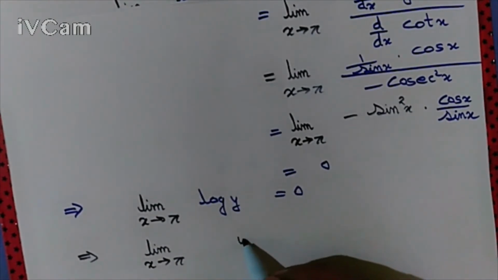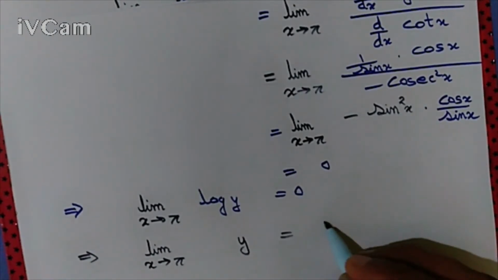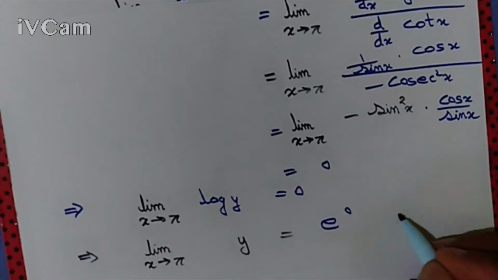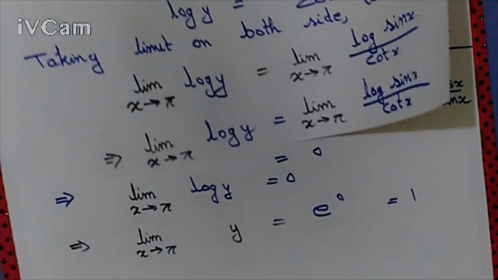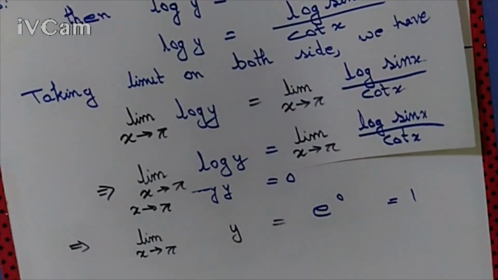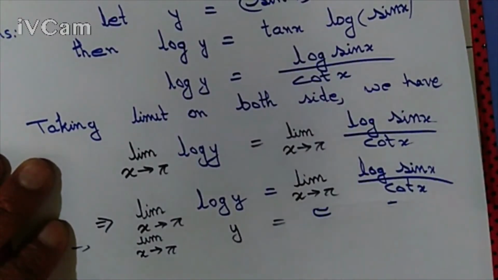Limit x tends to pi, y equal to e to the power 0, and e to the power 0 is 1, and your y is the function that was given to you.